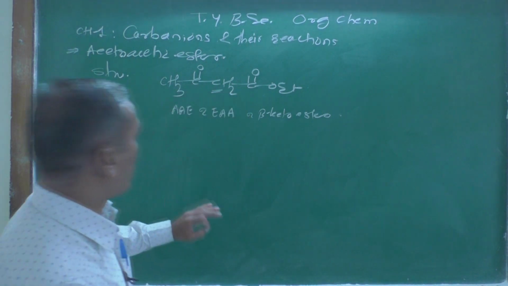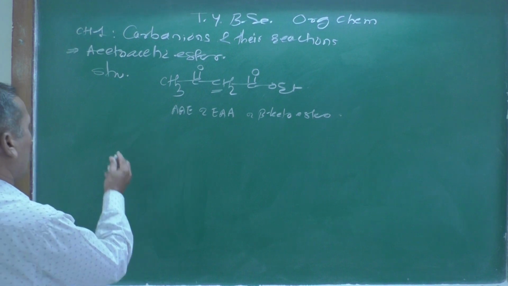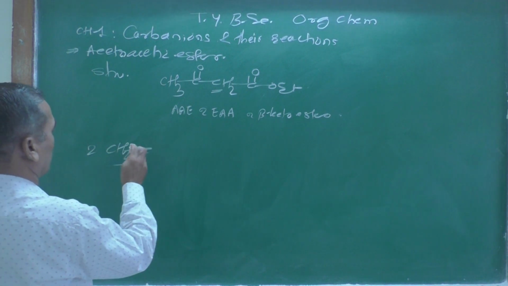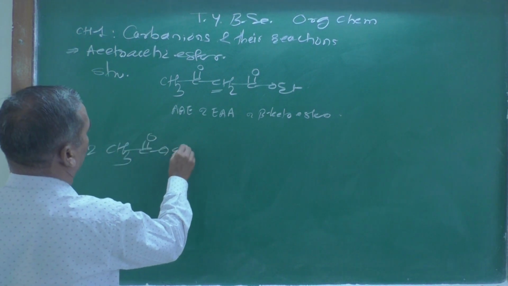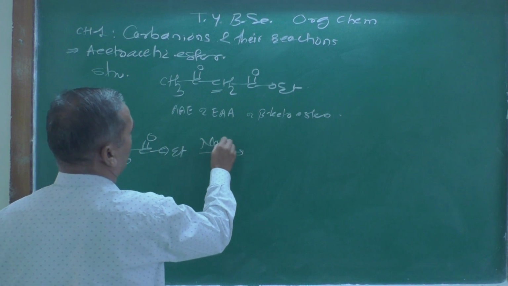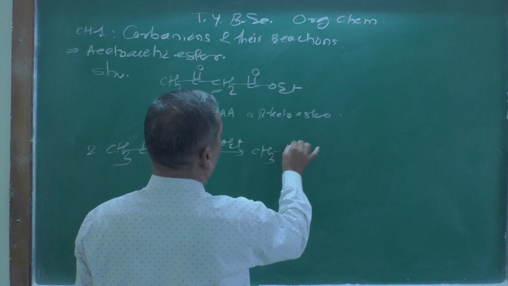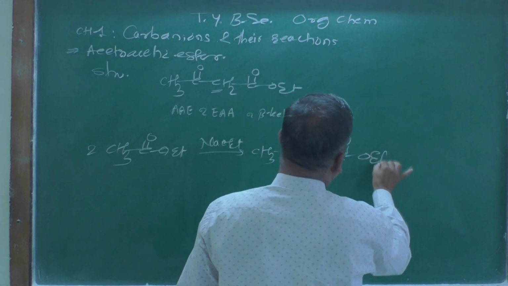Let me revise again how the Claisen ester condensation works. He took 2 moles of ethyl acetate, CH3 C double bond O, OEt, treated with sodium ethoxide, and the resulting compound formed is CH3 C double bond O, CH2 C double bond O, OEt.